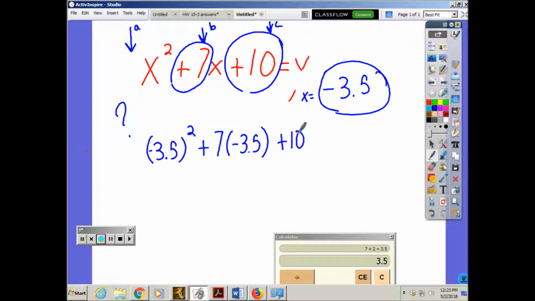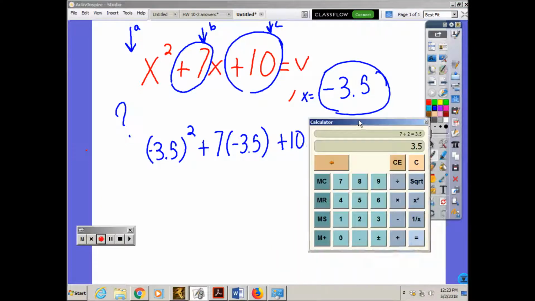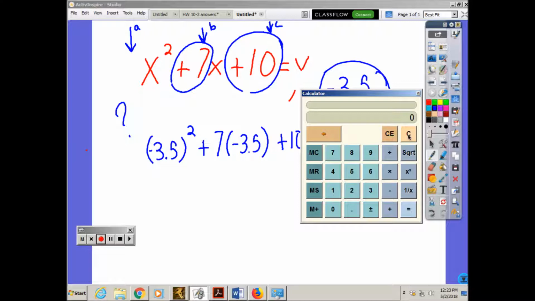I kept saying in class to do this in the calculator. I don't think a lot of you did because I was getting a lot of 3.5 times 2. Since it's a negative, I can just do 3.5 squared, and that's 12.25, because a negative times a negative is a positive. This is a positive and this is a negative. 7 is positive, 3.5 is negative.